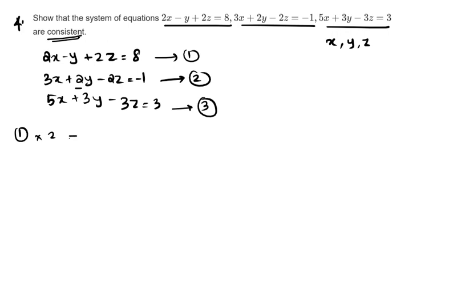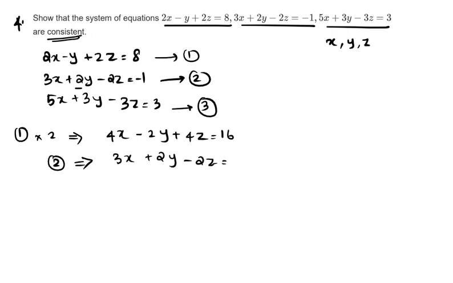Multiplying with 2, we will get 4x minus 2y plus 4z equal to 16. And let us write down the second equation. The second equation is 3x plus 2y minus 2z is equal to minus 1.